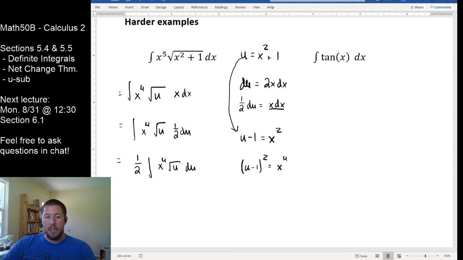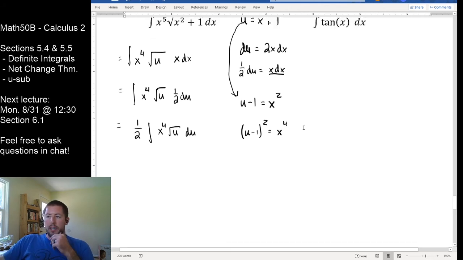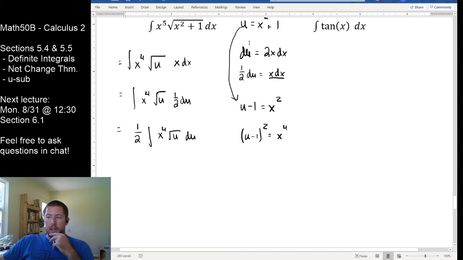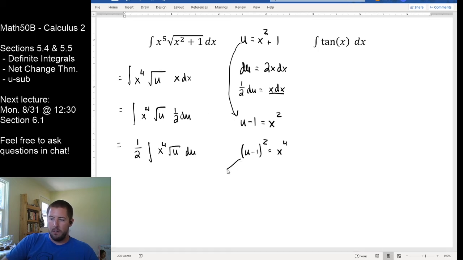So this is my sneaky thing here, right? I'm really trying to force this substitution to happen here. And I used an expression for u in x squared to force an expression for x to the fourth in terms of u. And now I can make my final piece of substitution here.